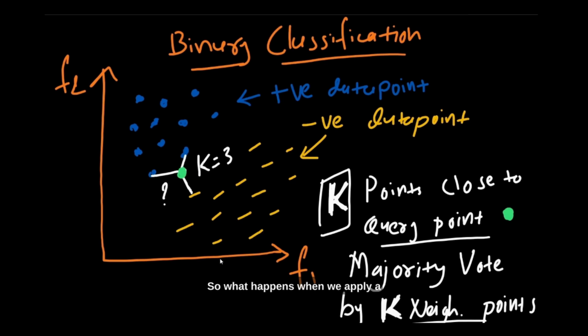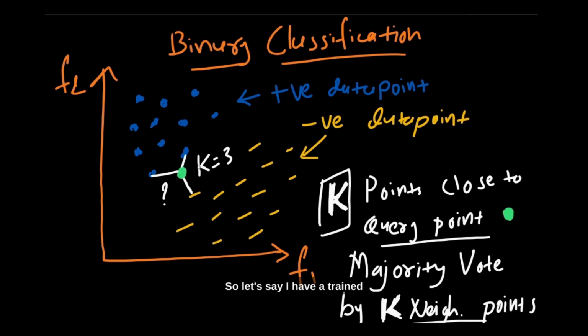So what happens when we apply a KNN algorithm on a data set? The KNN algorithm tries to find the K nearest points to our query point. Let's say this green point is my query point, and I have already trained my KNN model on a binary classification problem before doing this testing.